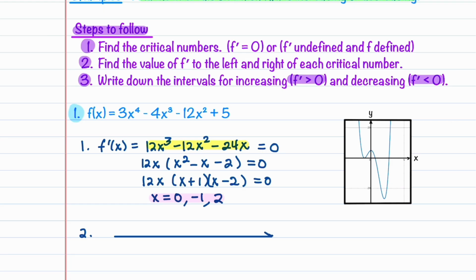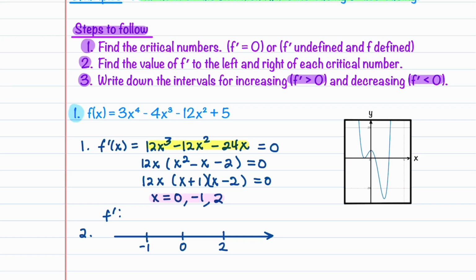This is going to be x, and we're going to put our critical points on it. We have -1, we have 0, and then we have 2. The spacing doesn't matter at all. We're now going to be looking at the value of f prime to the left and right of these 3 points.